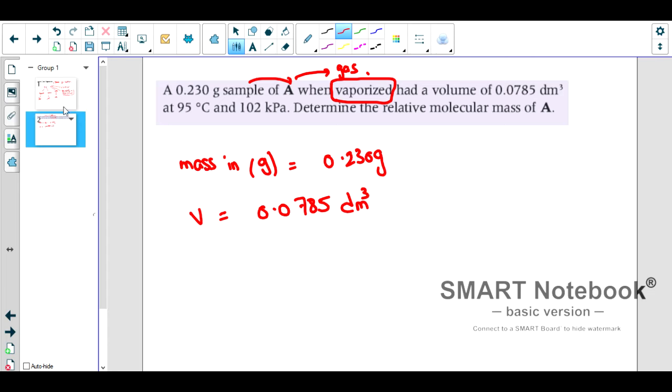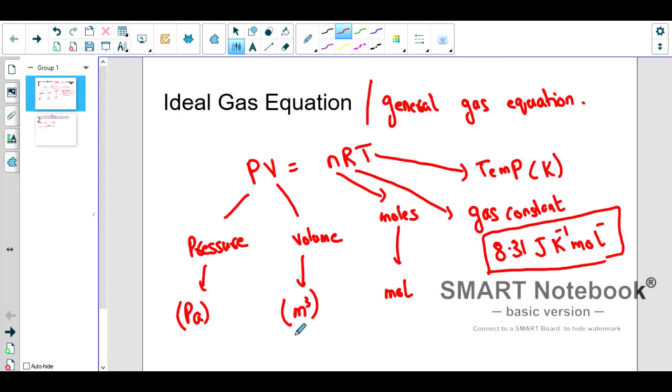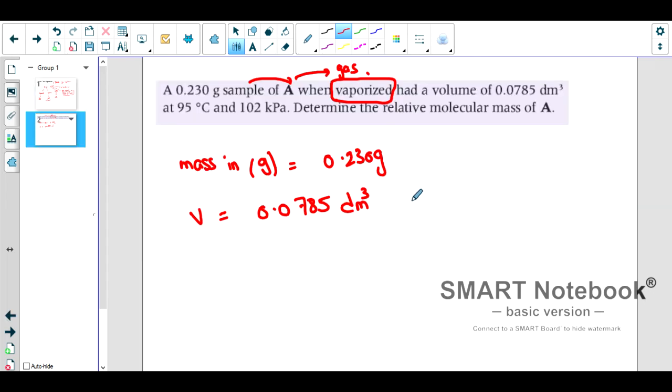Now the volume which is in dm cube, you have to make sure it is in meter cube. To convert it into meter cube, we can simply write it as 0.0785 into 10 raised to power minus 3, because meter and deci are related by 10. It's also cubed, so you can do it. This is how you convert it.